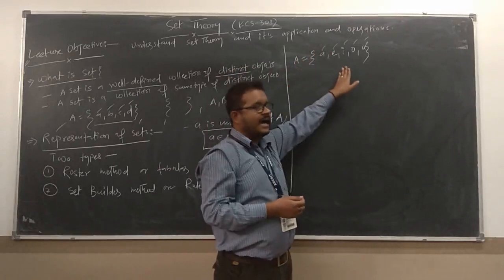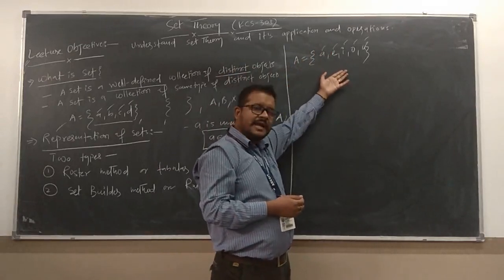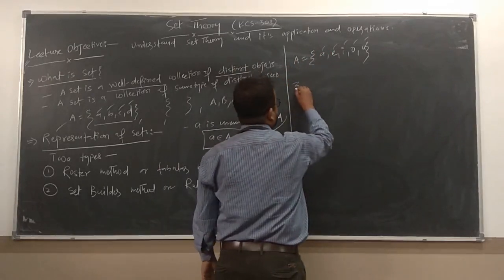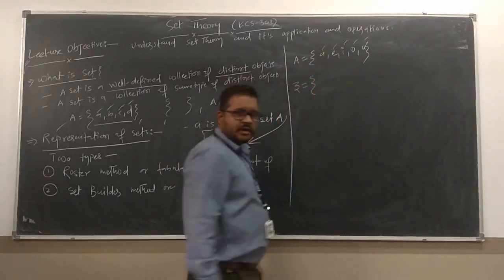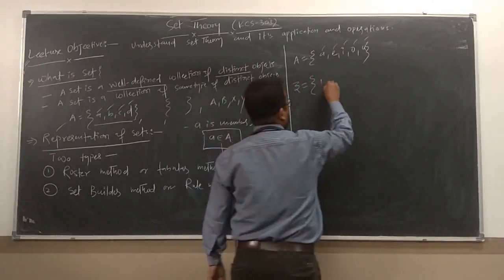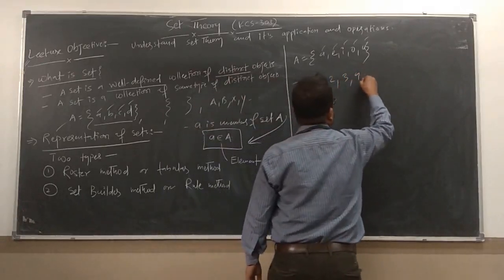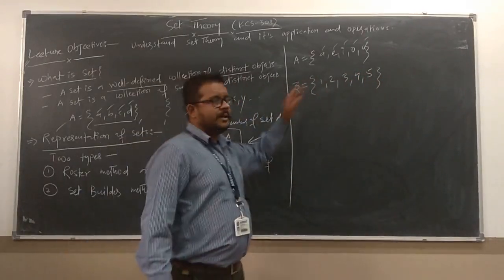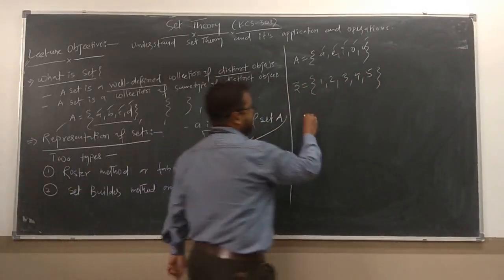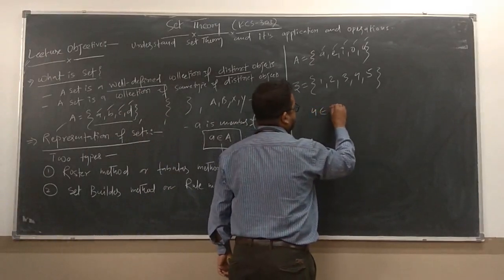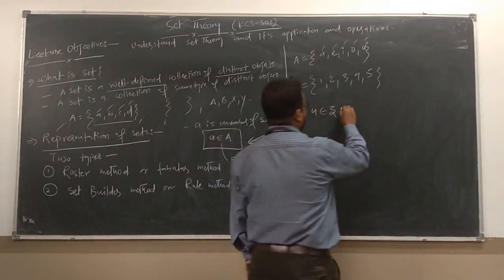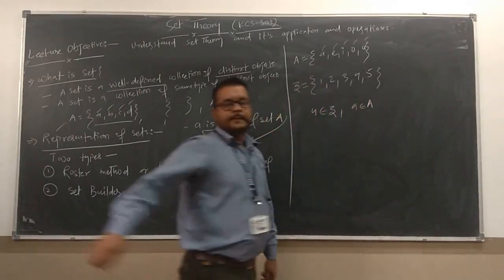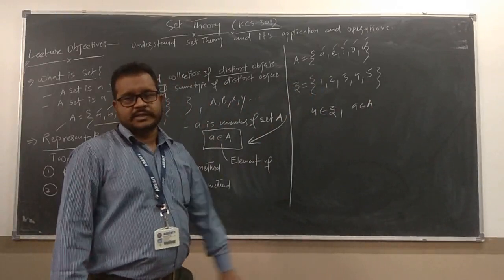Similarly, Z is a set of 1, 2, 3, 4, 5 and so on. If we say 4 is an element of Z, it is like saying a is an element of set A. So these are the representations.